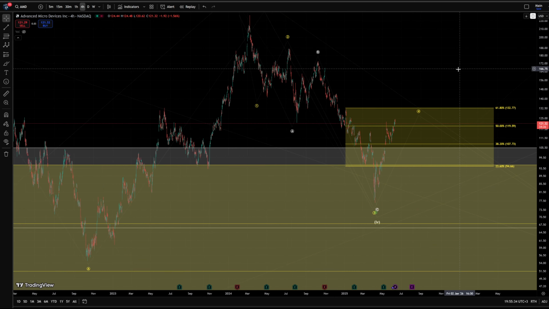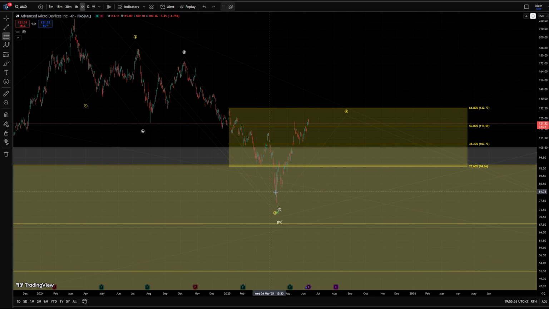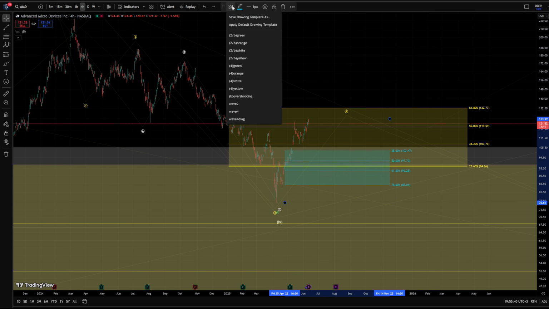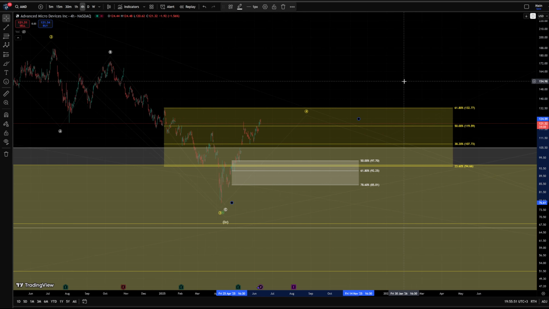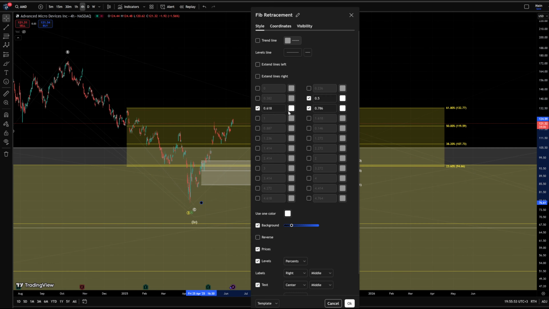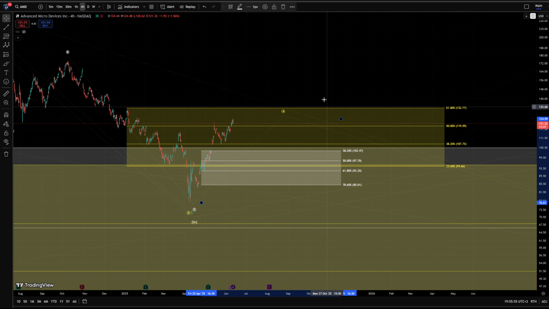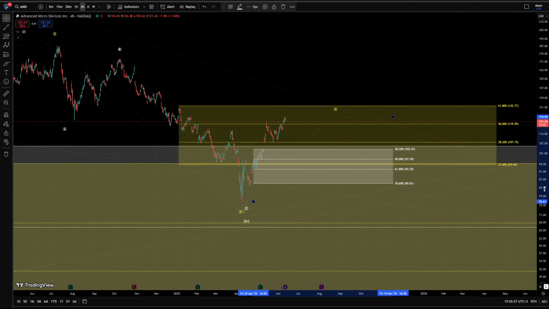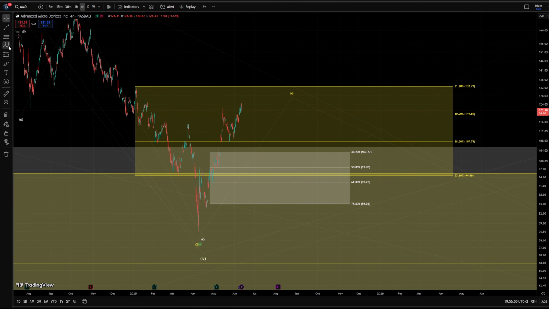But we have 5 waves up, which means we can draw the support zone for a wave 2 or a wave B. So wave 2, and it's going to be white. I'm also going to add the 38.2% retracement, and this is where we would expect to find support after coming down in the wave 2.